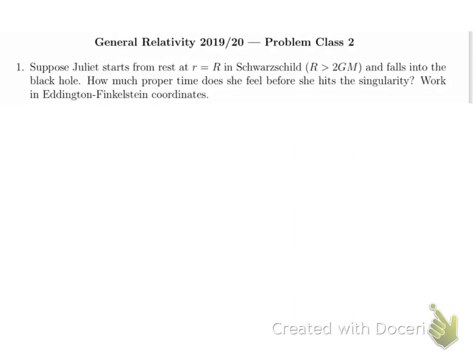Remember, I like to discuss black hole physics with our pair, Romeo and Juliet. And typically Juliet is the one who falls into the black hole. So here we go. Suppose Juliet starts from rest at r equals capital R in Schwarzschild, where capital R is larger than 2GM, so she is outside of the event horizon.